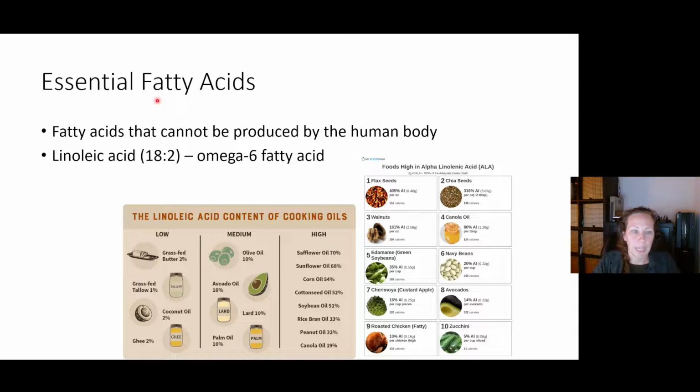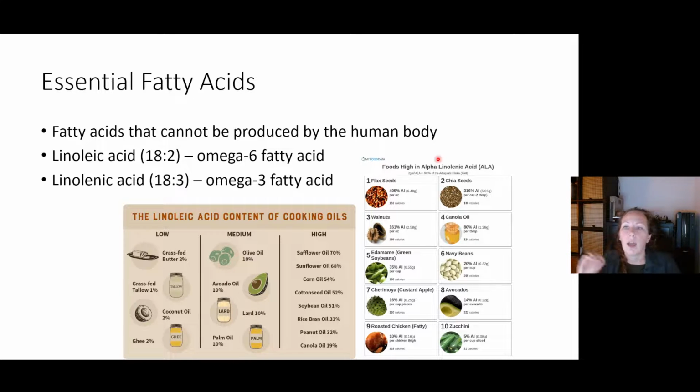And those are linoleic acid, which is our 18 carbon fatty acid with 2 double bonds. And this is an omega-6 fatty acid. And linolenic acid, which is 18 carbons and 3 double bonds. And this is an omega-3 fatty acid. Okay. How I remember the difference between linoleic and linolenic is there's 1 extra letter, so it has 1 extra double bond.